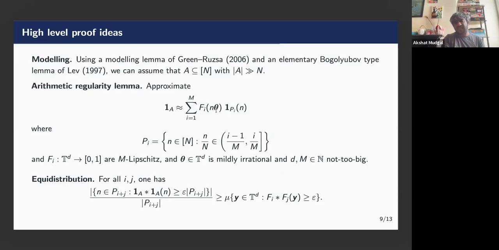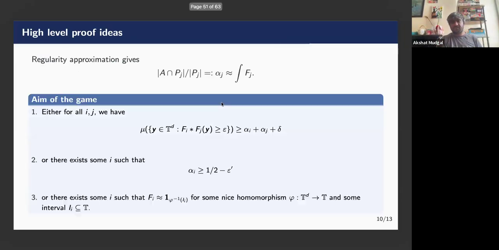I want phi of n dot theta to lie in some interval. So phi is a homomorphism from Td to T. So in particular, I want n dot phi of theta to lie in some interval. And if I think of phi of theta as theta prime, I want n dot theta prime to lie in some interval. And this is exactly a Bohr set condition.